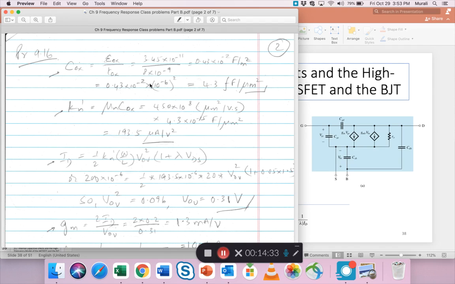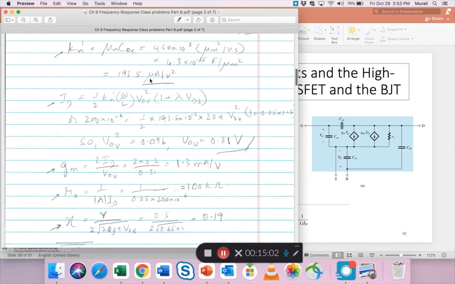So if you do that, it comes out to be 4.3 femtofarads per micro. So the only thing you have to do is to multiply the answer you got here by 10 raised to minus 6. That gives you the micro, but it's a square, so you got to square it. Kn prime comes out to be this. 193 microamps per volt square.